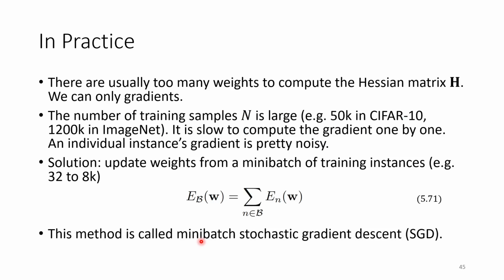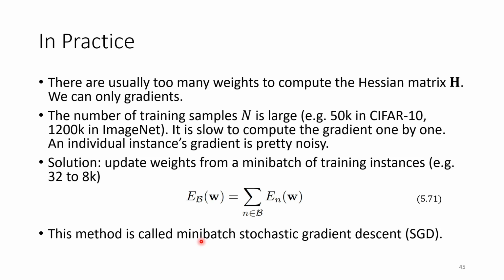Therefore, to solve the optimization problem for a neural network, usually we use gradient descent. It means we don't use the Hessian function. Once we find the gradient, we just try different lengths of step to see which one will generate the minimum error value.